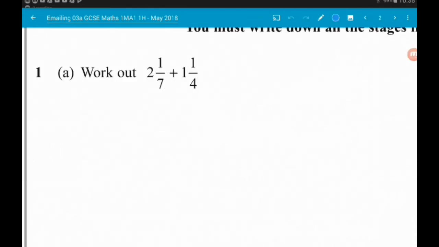Okay, question 1 wants us to work out 2 and 1/7 add 1 and 1/4. Both of these are mixed numbers. I'm going to show you a cheeky little trick here for when we are adding mixed numbers. 2 and 1/7 we can think of as 2 add 1/7, and 1 and 1/4 we can think of as 1 add 1/4.